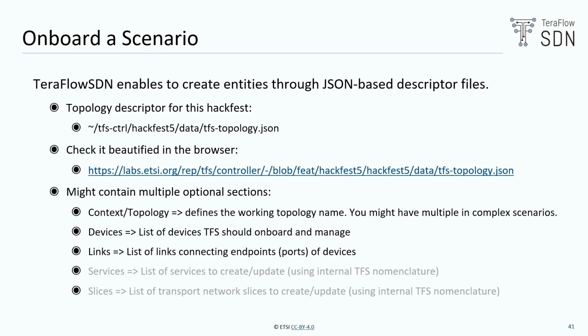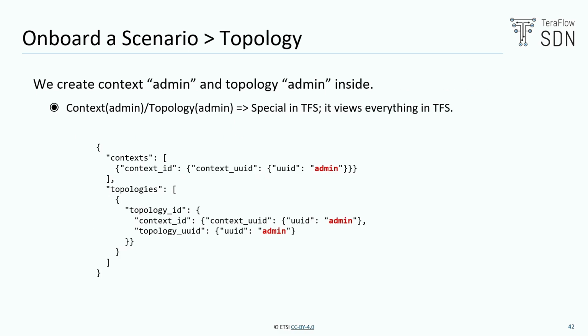All this is using a custom but open interface from TeraFlow. In this description, I will focus on the context, topology, devices, and links, because for the services and slices, we will use the IETF layer 3 VPN model.